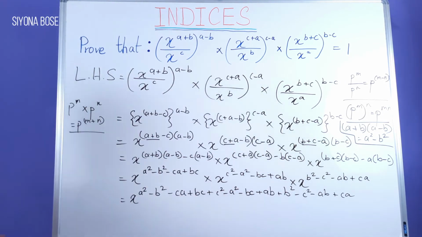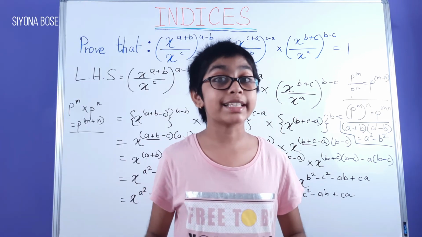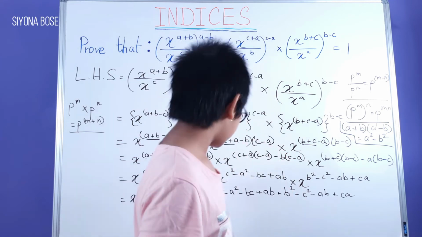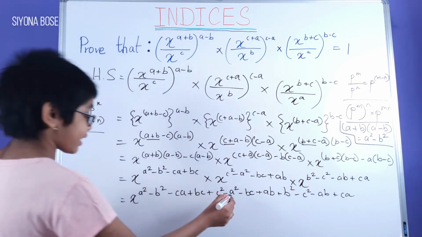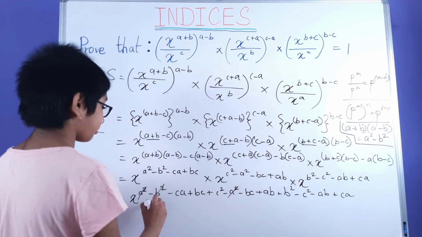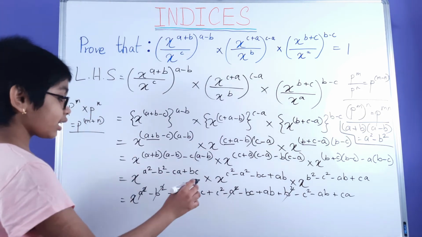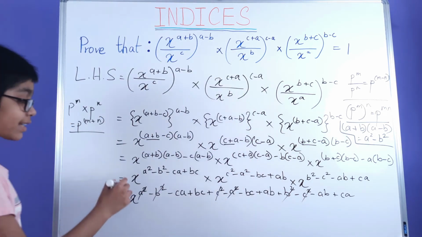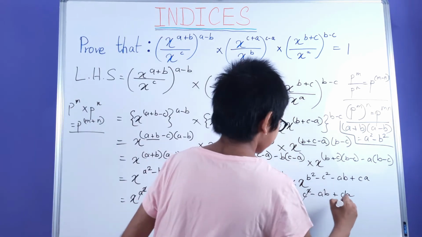This is the entire exponent, but don't worry, this will all get simplified now. This is very easy. Check carefully. a squared and a squared can be canceled here. b squared and b squared can be canceled here. c squared and c squared can be canceled here. Minus ca plus ca can be canceled.